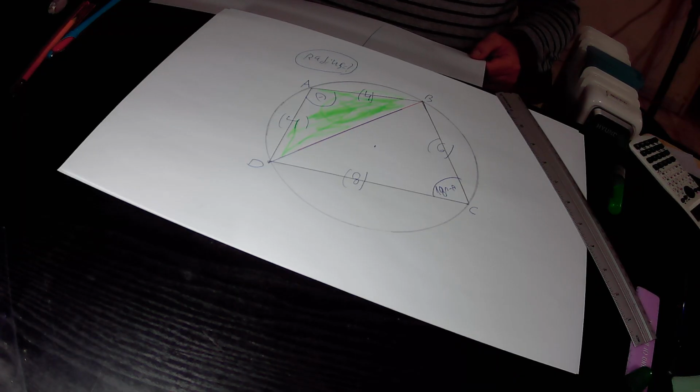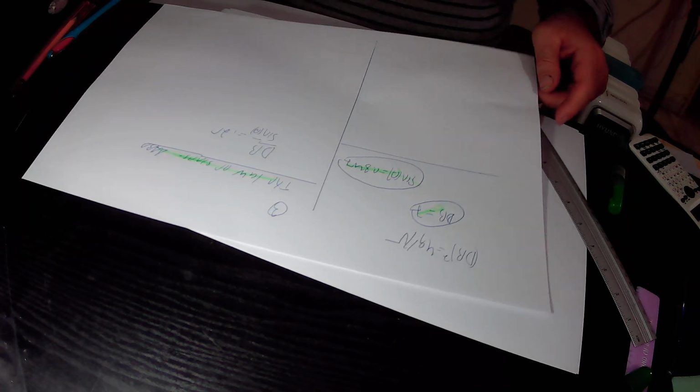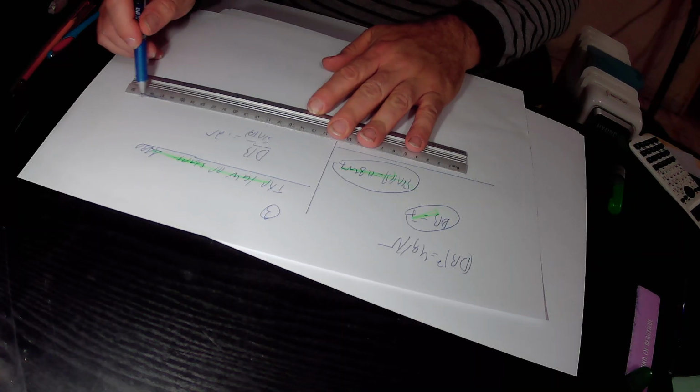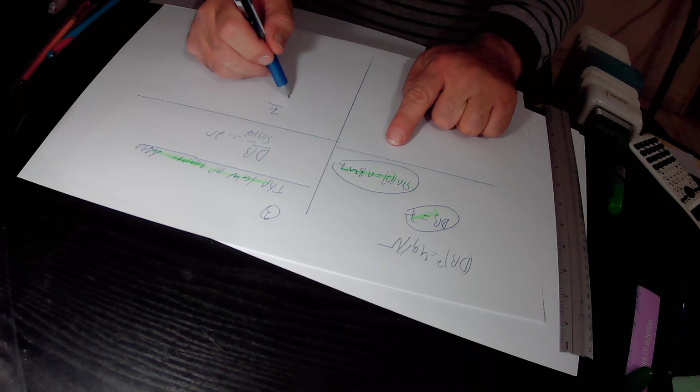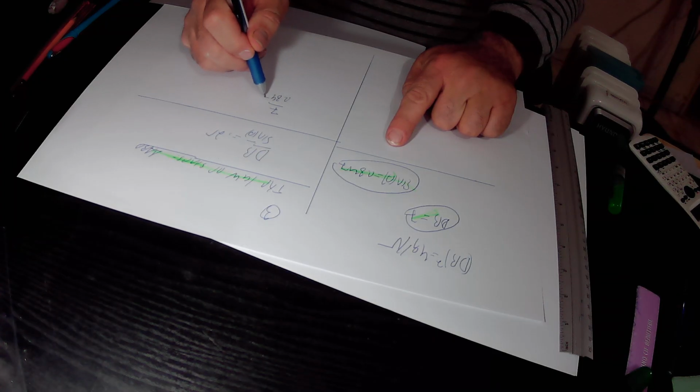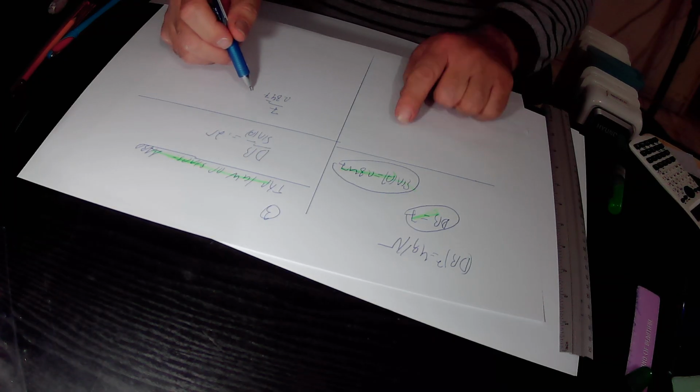This is actually the radius that we are looking for in this question. DB is 7 over sine theta, sine theta equals 0.847, equals 2R.